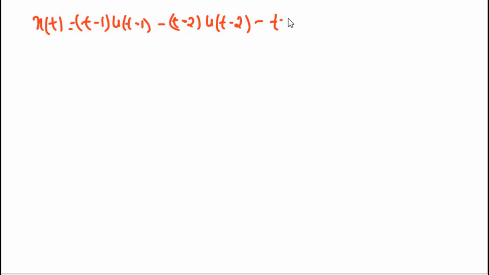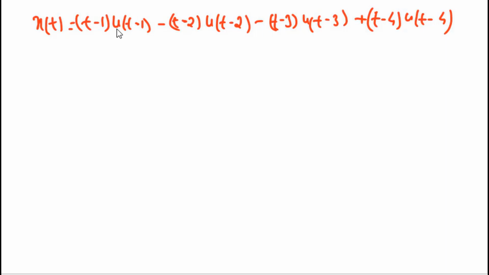So in the question you have been given x of t as (t minus 1) u of t minus 1, minus (t minus 2) u of t minus 2, minus (t minus 3) u of t minus 3, plus (t minus 4) u of t minus 4.